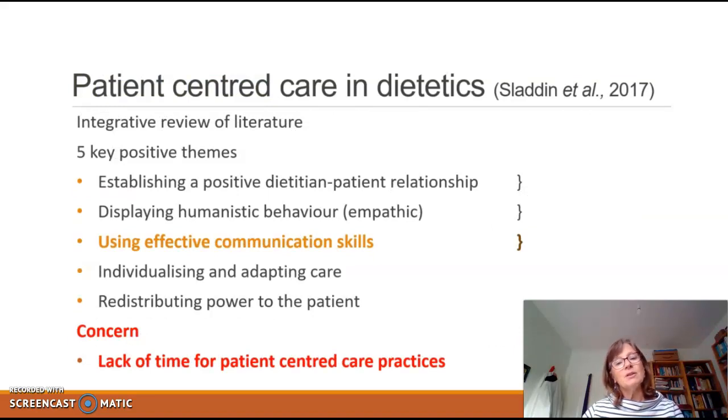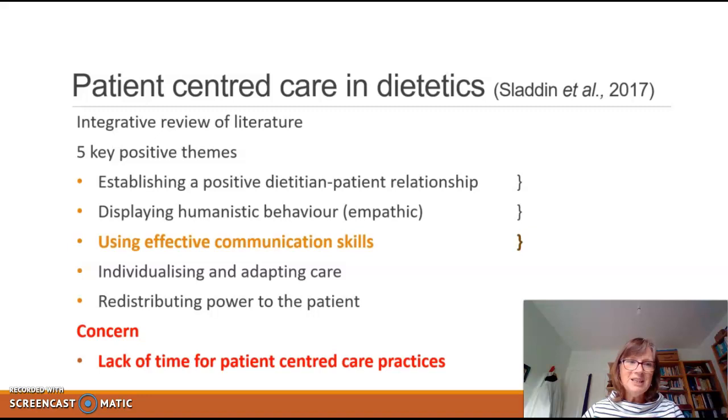So let's just have a little look at something a bit more dietetic specific. And this integrative review of the literature was done back in 2017, so 5 years ago now. But it does summarise all of the literature up to that point in dietetics that mentions patient-centered care.